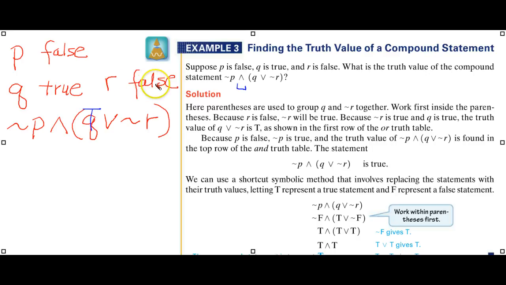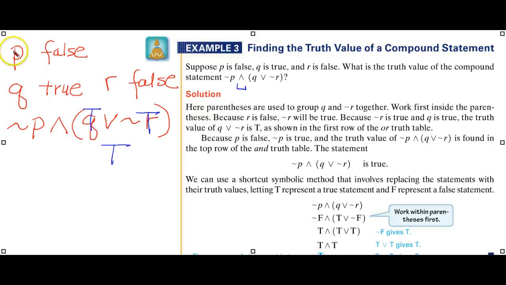So R is false. So not R is going to be true. So we have here now the or statement that both of these are true. So we know that this part is true.